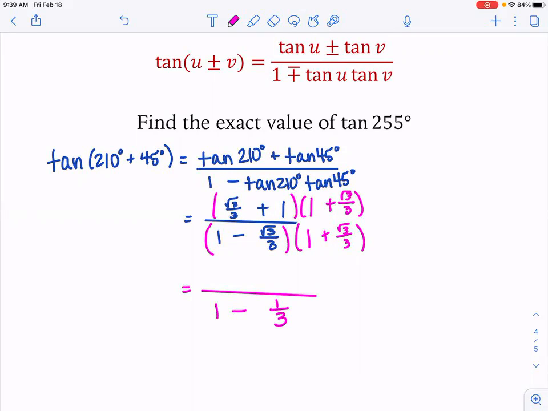Okay, now let's FOIL this up here. We have radical 3 over 3 times 1. We have radical 3 over 3 times radical 3 over 3. All right, we knew that was going to happen. 1 times 1. And 1 times radical 3 over 3.